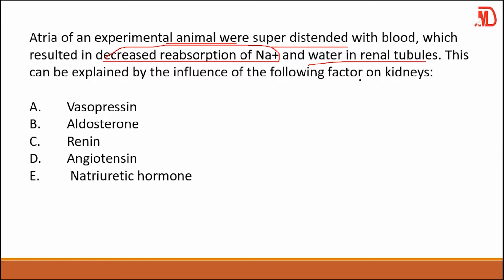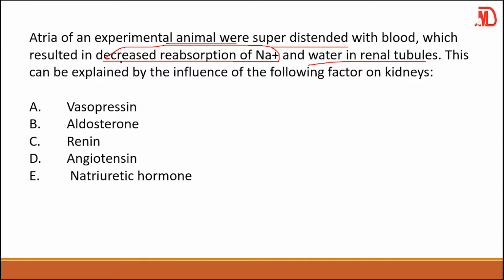Again, the atria were superdistended with blood, which resulted in decreased reabsorption. So that means there's a substance that is releasing sodium and water to the outside. It's preventing sodium from being reabsorbed.